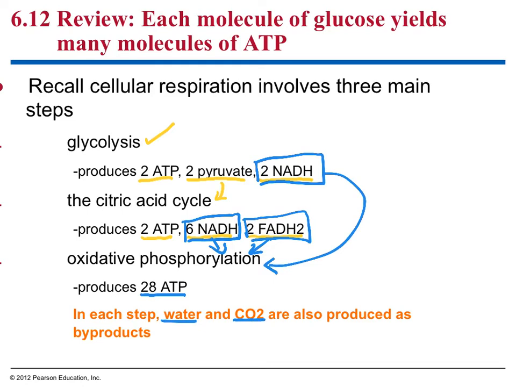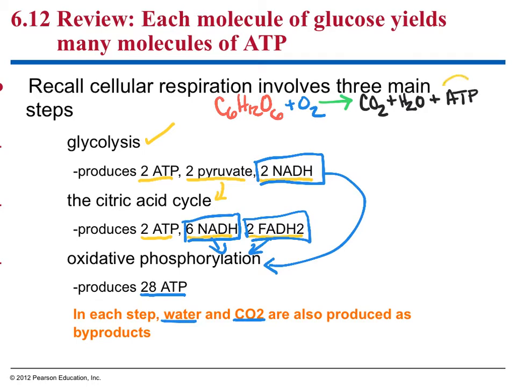So if we were to look at the equation one more time, the overall equation, we start out with a molecule of glucose, and in the presence of oxygen, we need oxygen, right? Why do we need oxygen? Oxygen is the terminal electron receptor. Oxygen is going to accept those electrons. So the byproducts, the things that we can't really use that aren't high in energy, are going to be CO2 and water. Those things are going to be exhaled. And ultimately, ATP.